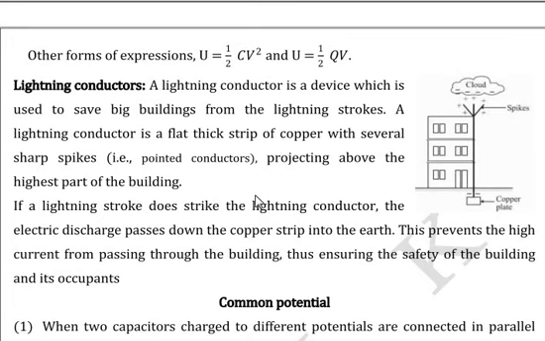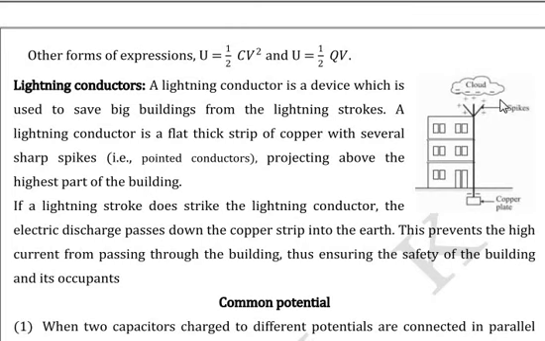If a lightning stroke does strike the lightning conductor, the electric discharge passes down the copper strip to the earth. So this prevents the high current from passing through the building, thus ensuring the safety of the building and also the occupants.